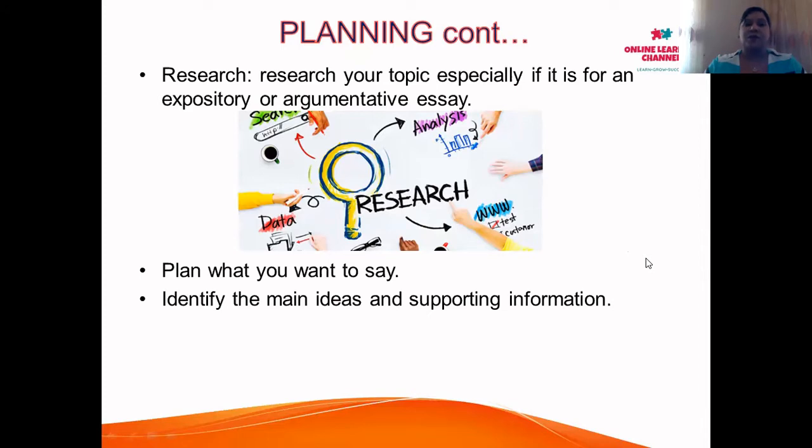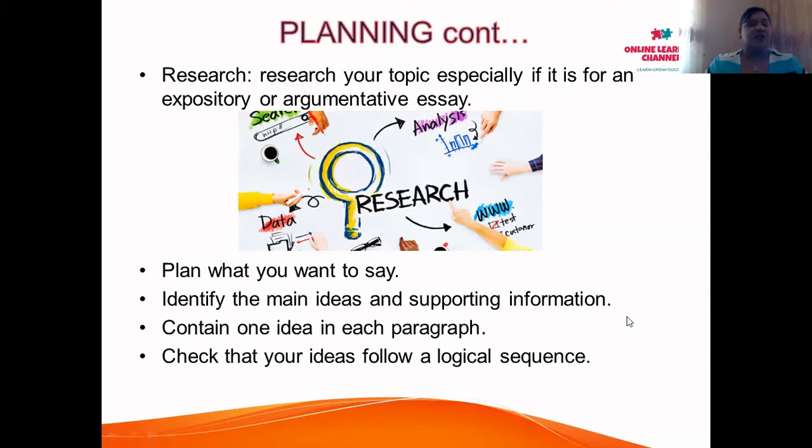You also do interviews, but those are some of the elements that comprise your research. And then once you've done your research, you plan what you want to say, and you identify the main ideas and supporting information. Make sure you contain one idea in each paragraph, and this is where your mind mapping will be very important. Check that your ideas follow a logical sequence. The mind map also helps you with that.